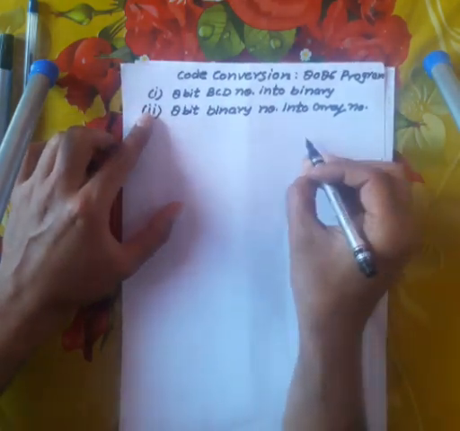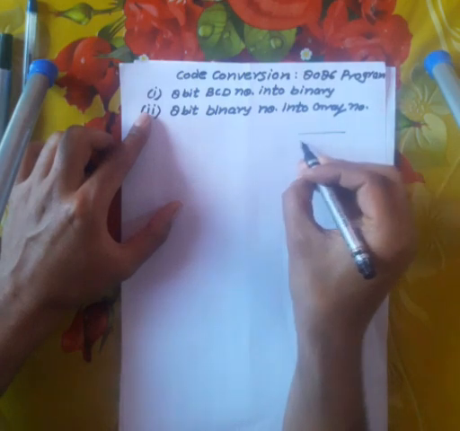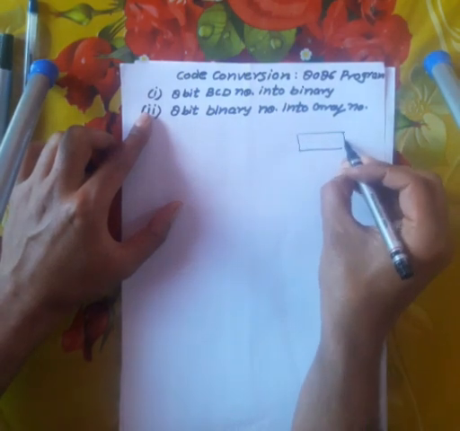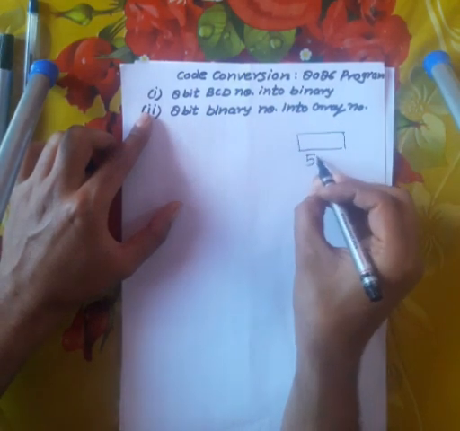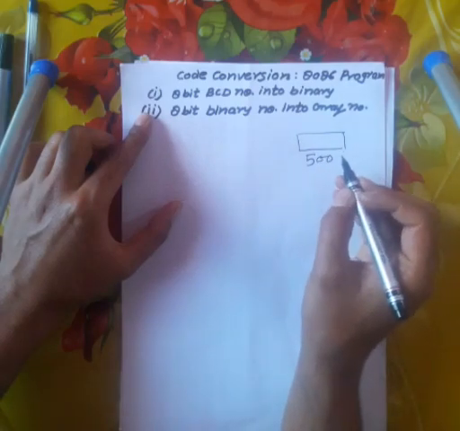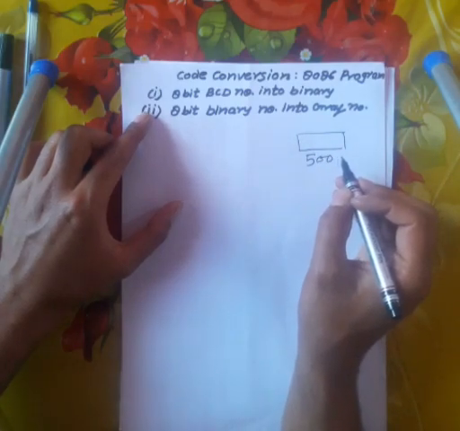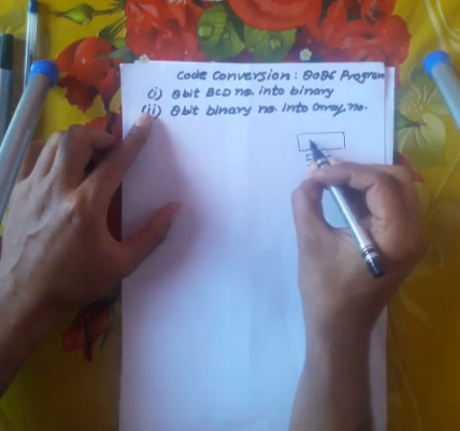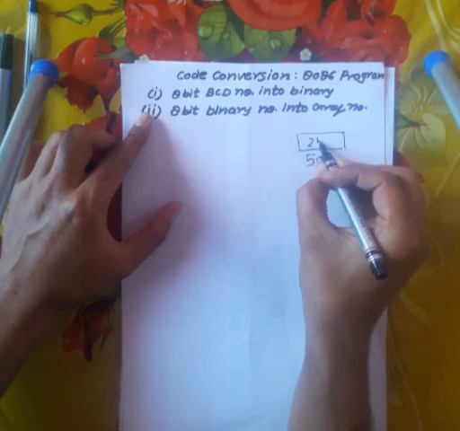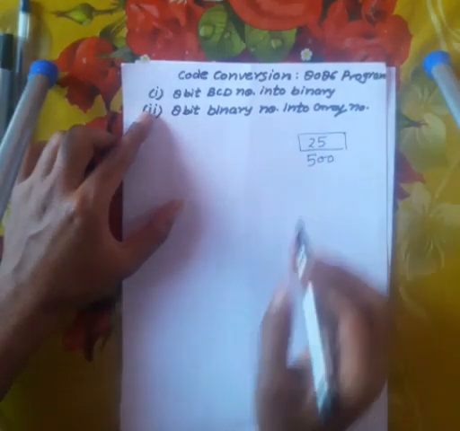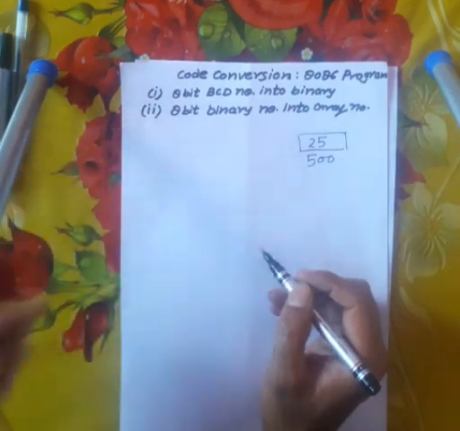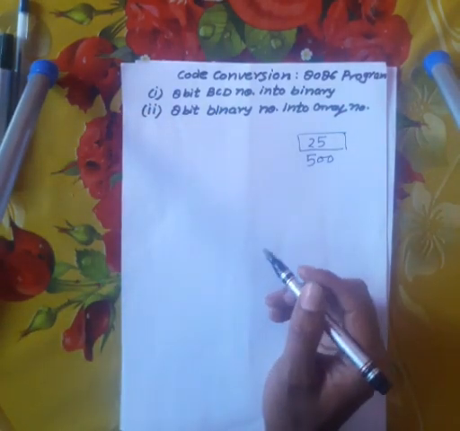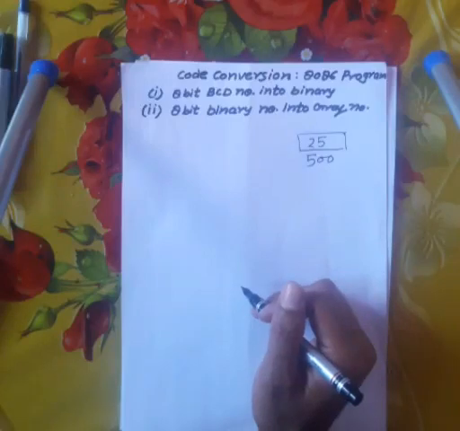Suppose number is available in 500 offset. This is your 500 offset. Assume that number is 25. This is your BCD number. Now, what is the procedure?